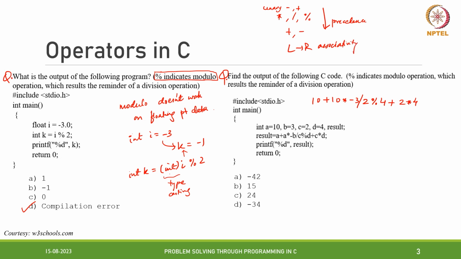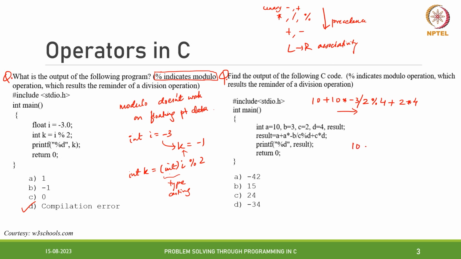Keeping that in mind, let's try to solve this. First, the minus b part will be taken up as minus 3. After that we go left to right for the multiplication, division and modulo operations. So 10 into minus 3 becomes minus 30.